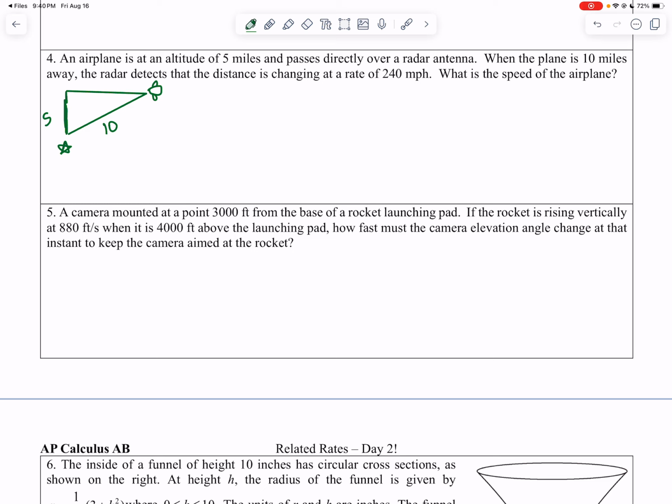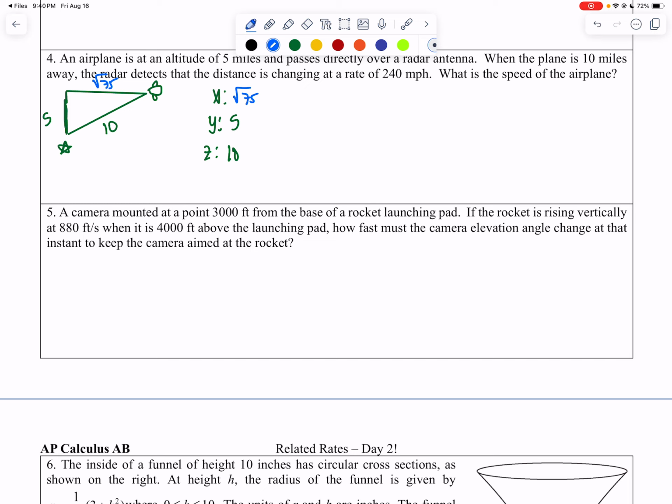All right, so I know that X is something, Y is 5, Z is 10. Well, using good old Pythag, 10 squared minus 5 squared is going to give us root 75. So this is going to give us root 75 right here.